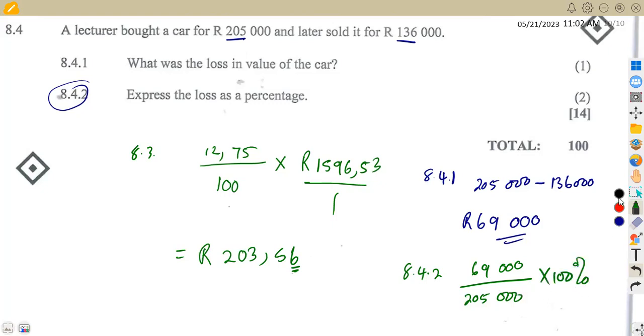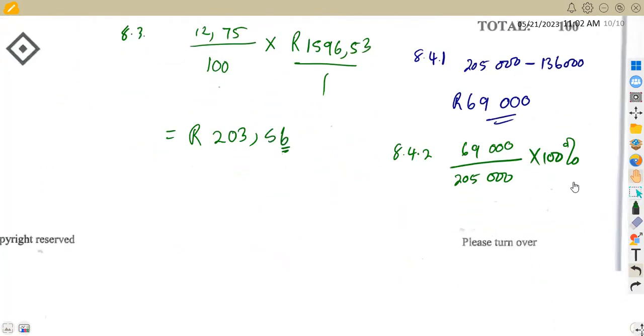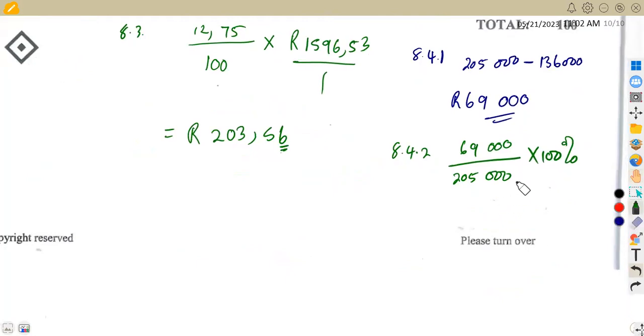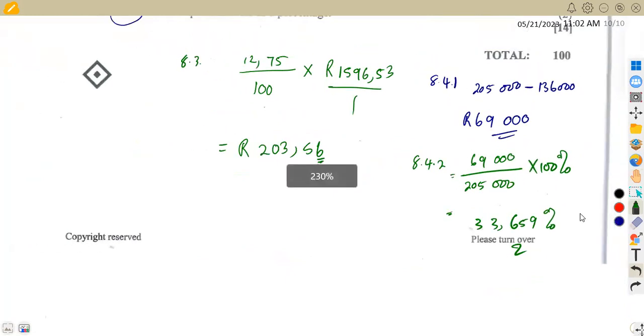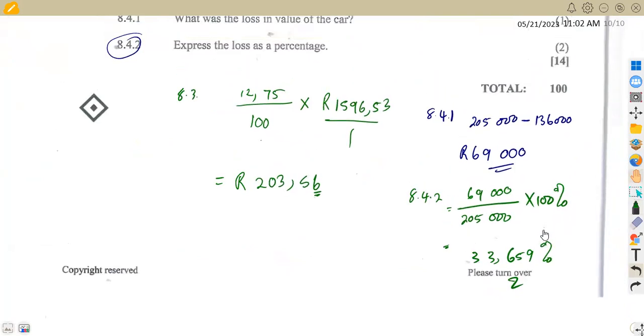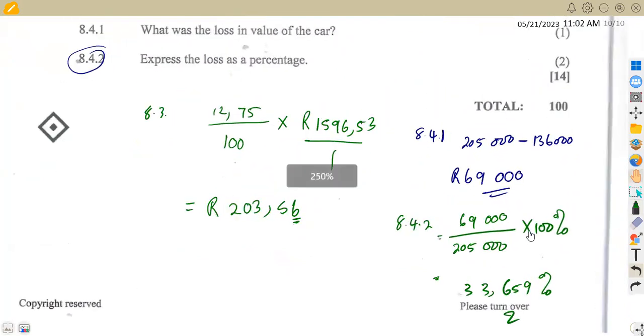Okay, so a percentage loss is the loss over the total we had before. So this is going to give us 33.659% to 3 decimal places and so forth. So that is how we can calculate this, or you can even approximate this to the nearest whole number, which is fine.